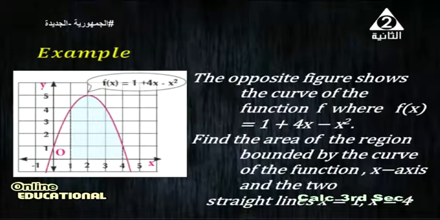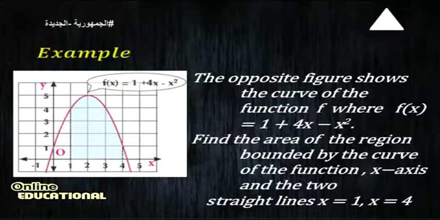Example. The opposite figure shows the curve of the function f, where f of x equals 1 plus 4x minus x to the power 2. Find the area of the region bounded by the curve of the function, the x-axis, and the two straight lines x equals 1 and x equals 4.